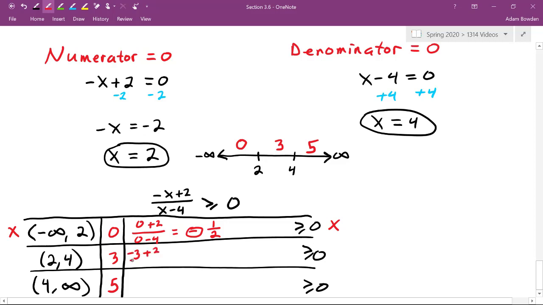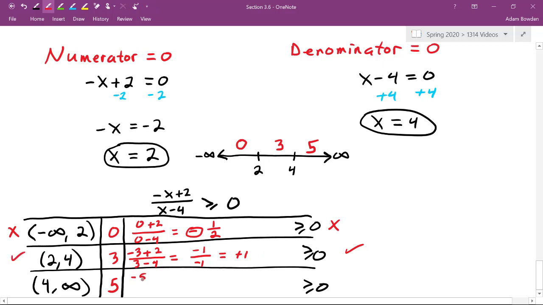Negative 3 plus 2 divided by 3 minus 4. It's going to turn into negative 1 divided by negative 1 or positive 1. So positive, this one would work, greater than 0.